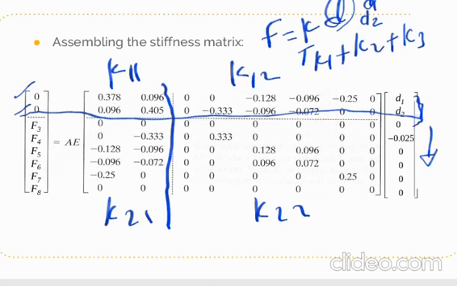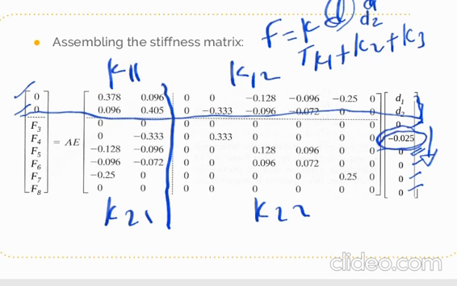I know D3, and D4, D5, D6, D7, and D8 are 0. But for D4 here, we have a value of settlement.